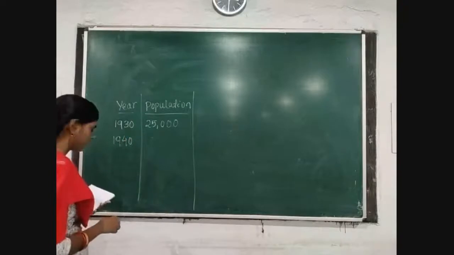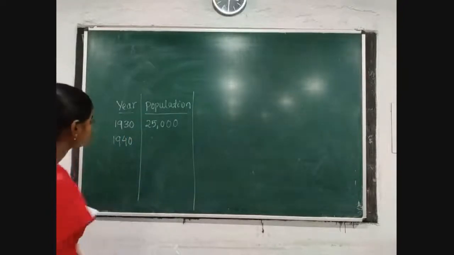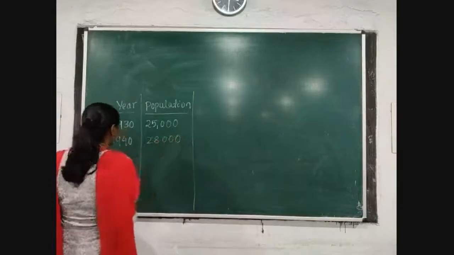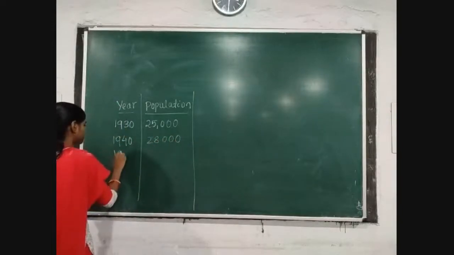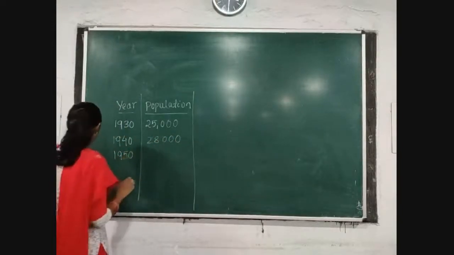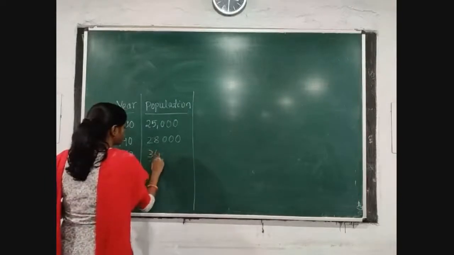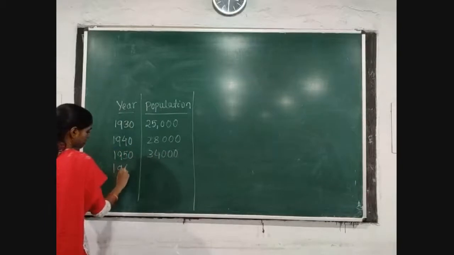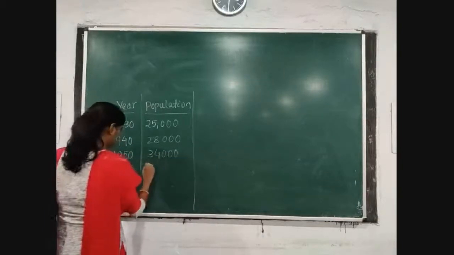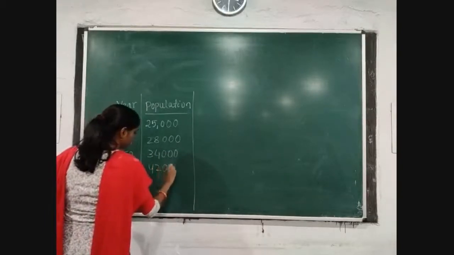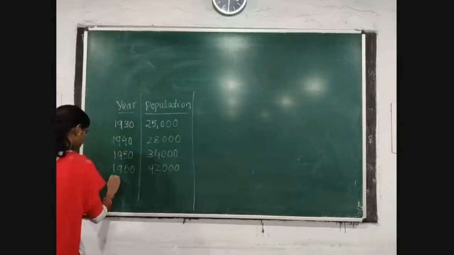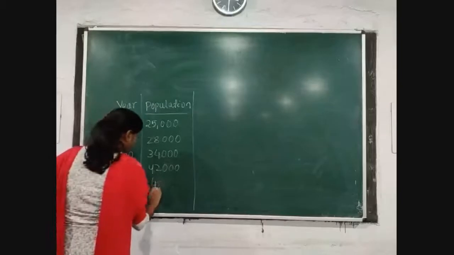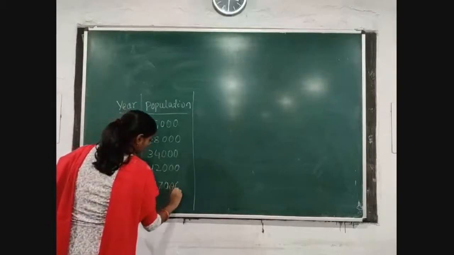Then in 1940, 28,000; 1950, 34,000; 1960, 42,000; and 1970, 47,000.